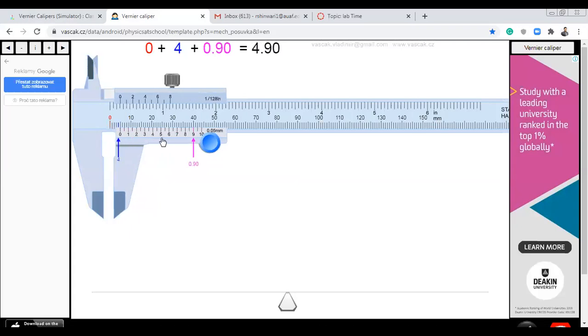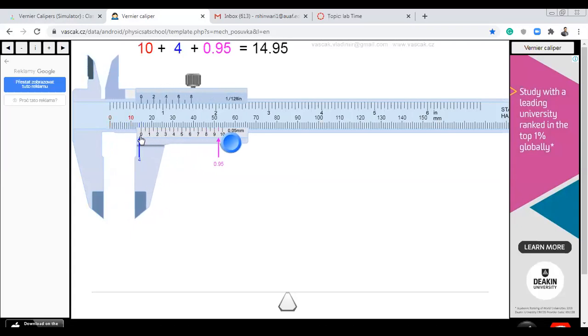These graduations you can see are from 0 to 10. These are also millimeter. Here you can see 0.05 mm. This 0.05 mm is the least count. It means you can measure 0.05 millimeter with the help of this vernier scale. This minimum length or minimum radius you can measure with this.